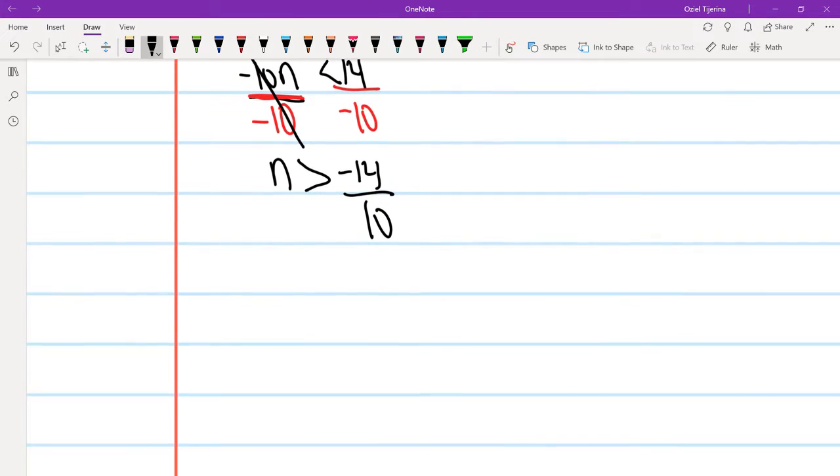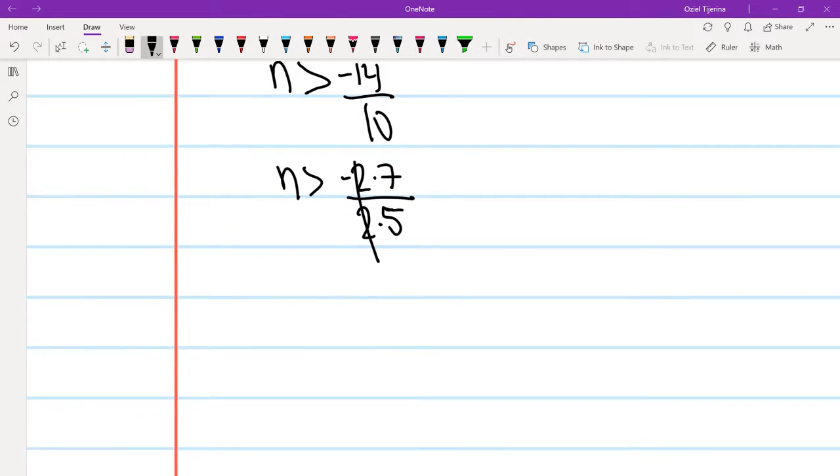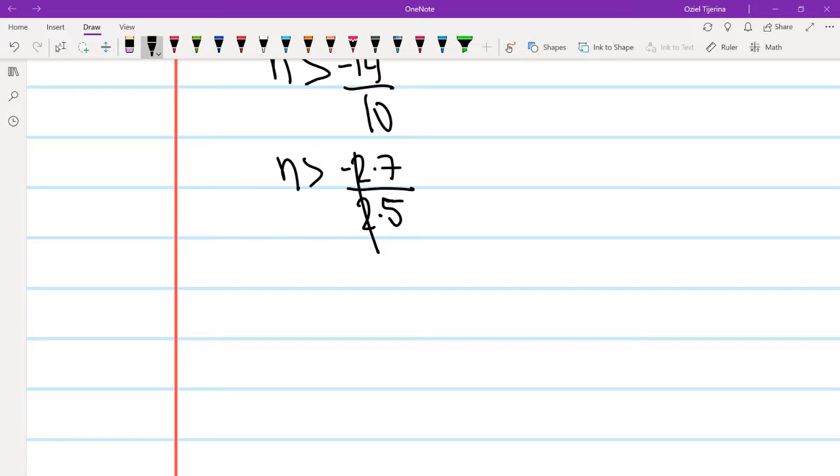That's equal to negative 2 times 7 over 2 times 5, which is basically n is greater than negative 7 over 5.